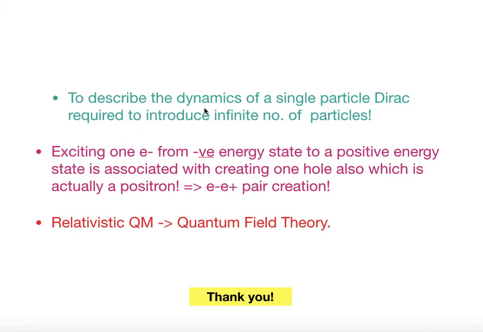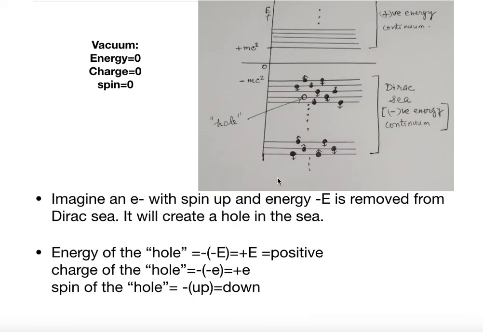So to describe a single stable particle, if you want to describe a single positive energy electron, Dirac required introducing an infinite number of particles, because in this Dirac sea you have an infinite number of particles occupying all these states, because the energy levels go down to minus infinity.